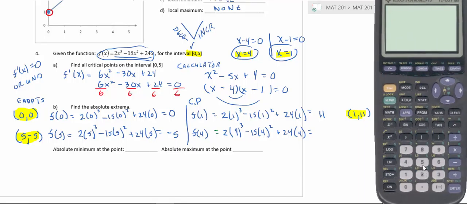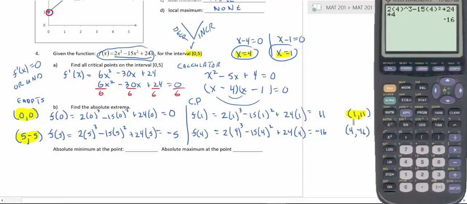So 2 times 4 to the third minus 15 times 4 to the second plus 24 times 4. I think I got an extra parenthesis there that I don't need. So we got that. That gives negative 16. So that's going to give a value. X is 4, y is negative 16.